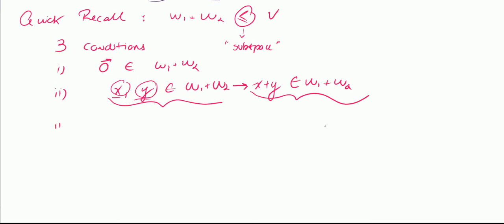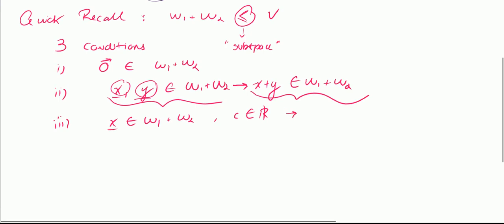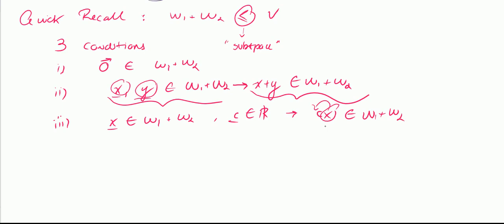Finally, the third condition we need to check for something to be a subspace is, given an arbitrary element x of W1 plus W2 and a scalar c belonging to the real numbers, to see if we rescale x by c, whether cx, the scalar multiplication of x by c, also belongs to W1 plus W2.